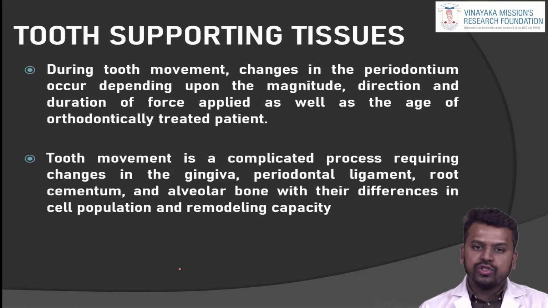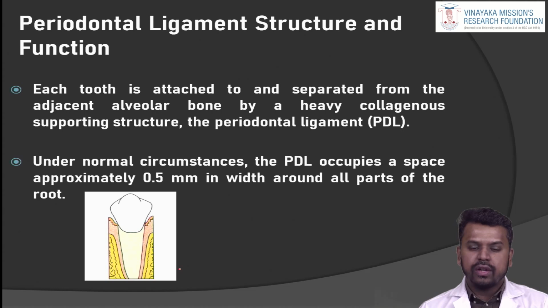Tooth supporting tissues: during tooth movement, changes in the periodontium occur depending upon the magnitude, direction and duration of force applied as well as the age of the orthodontically treated patient. Tooth movement is a complex process requiring changes in the gingiva, periodontal ligament, root cementum and alveolar bone, with their differences in cell population and remodeling capacity. Periodontal ligament structure and function.